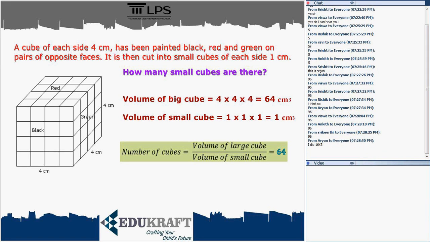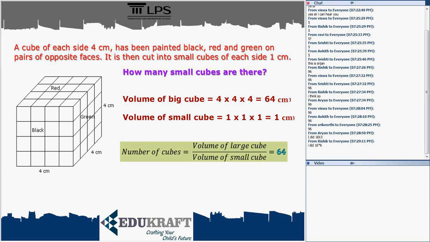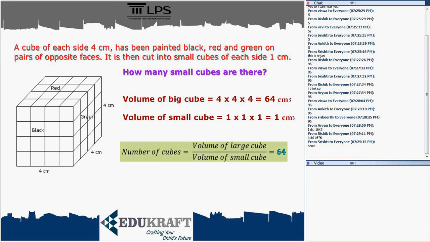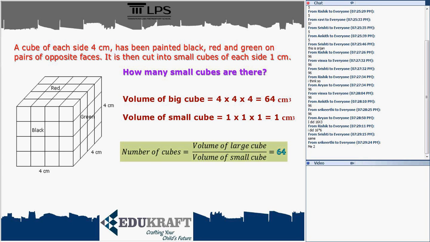So I think 3. Is there any doubt anyone has? I will take the volume of the big cube and divide it by the volume of the small cube to get the number of cubes. It's simple. What I have to ask myself is, the small cube is 1 centimeter cube, so how many cubes will there be?